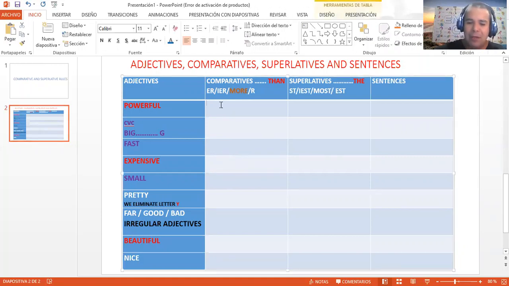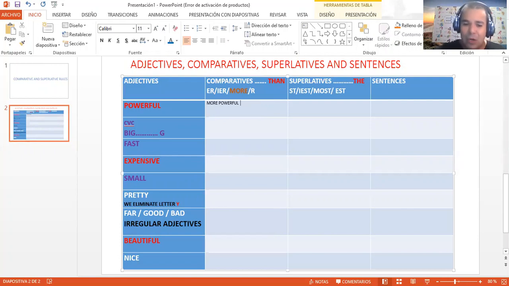So we're gonna put here the word more because we have this adjective that has three syllables. So we write more powerful, okay? And then if you see here, we have one word in red color that says than.